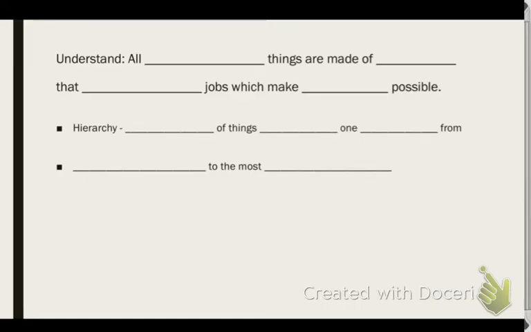So first, we're going to fill in what the understanding of this unit is here. And it's that all living things are made up of cells that complete jobs which make life possible. So if it's alive, it's got at least one cell.